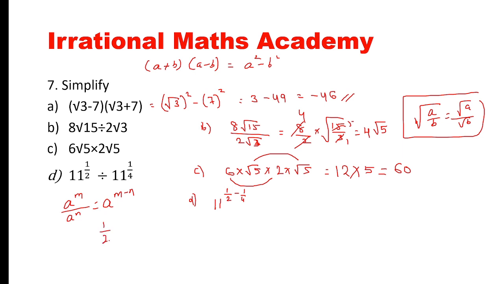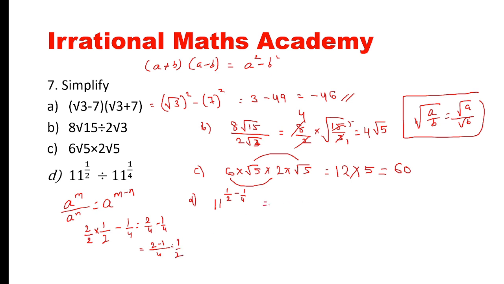If I want to subtract, first I have to make the denominator the same. Denominator here is 2, here is 4. The LCM of 2 and 4 is 4. So I am making this denominator 4. For that, I multiply by 2 by 2. So if I simplify, I get 2 by 4 minus 1 by 4. Now denominators are the same, right? Take 2 minus 1, you get 1 by 4.